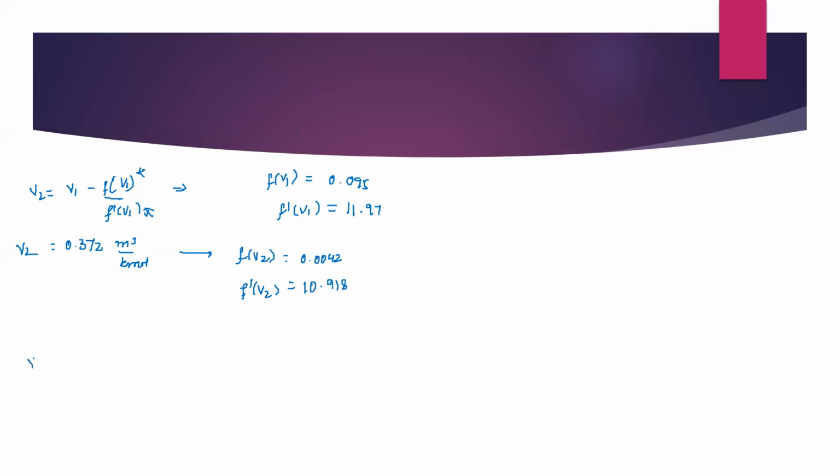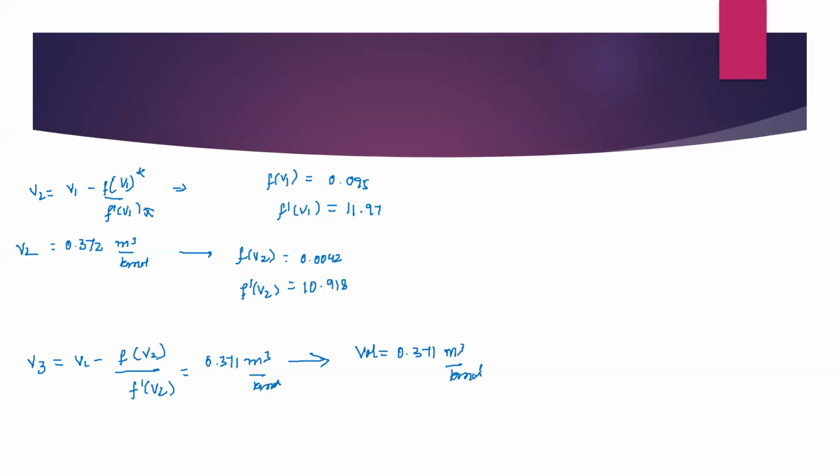So from here, you calculate V3, which is V2 minus f V2 upon f dash V2. This comes out to be 0.371 meter cube per kilomole. As you can see, the difference is not quite much. So we'll take our volume as 0.371 meter cube per kilomole.